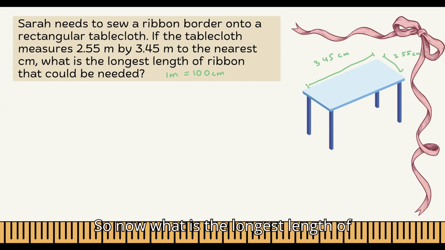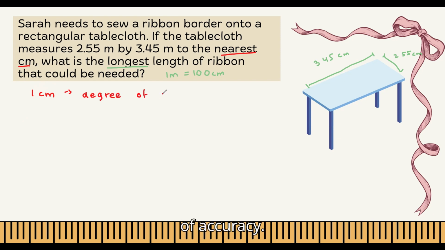So now what is the longest length of ribbon that could be needed? Over here, we know that the word longest tells us that we have to find the upper bounds. So first of all, our first step is to identify the place value or the degree of accuracy stated. It says nearest centimeter, that means that 1 centimeter is our degree of accuracy.